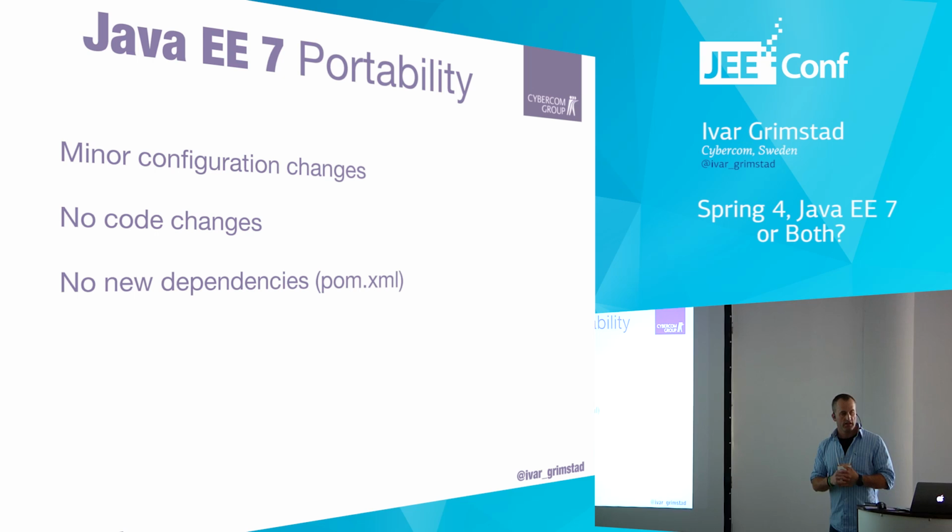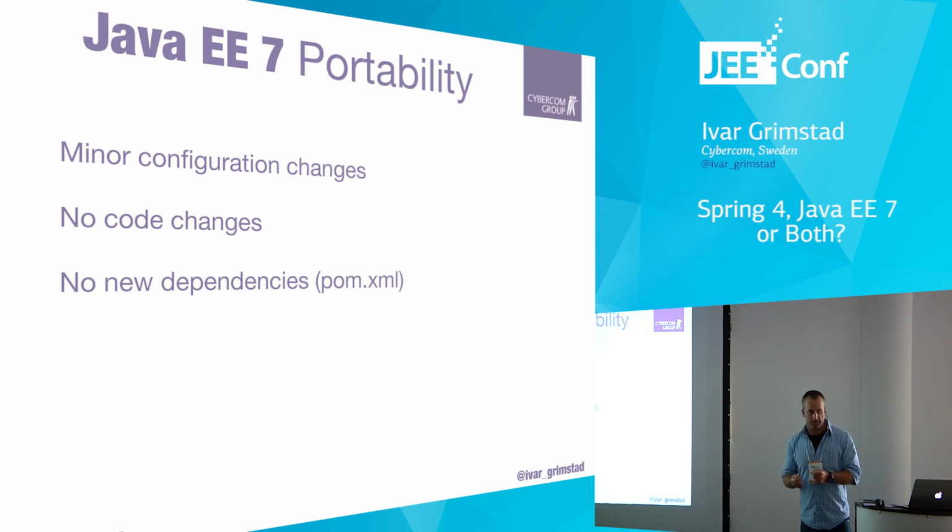Java EE 7: you need to do some minor configuration changes depending on which of the specifications or implementations you are relying on in your application. You don't have to do any code changes or add any dependencies in the form because everything is provided by the container.